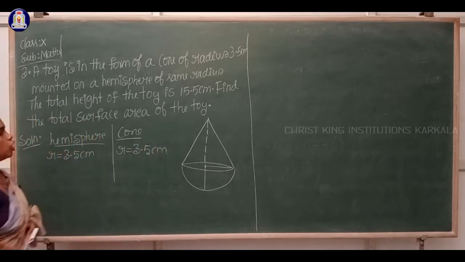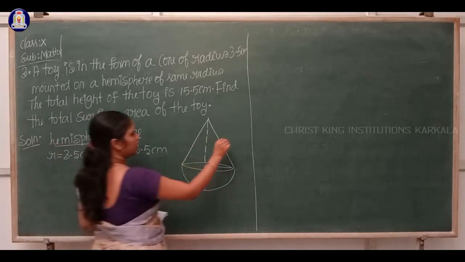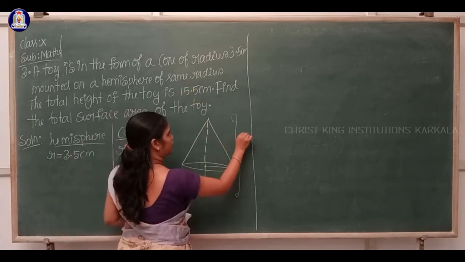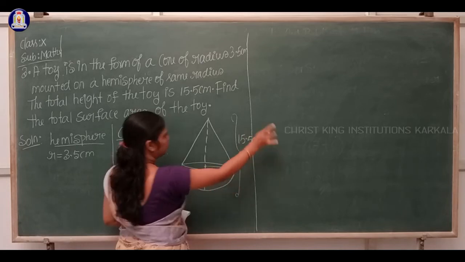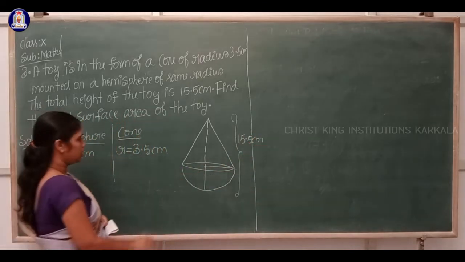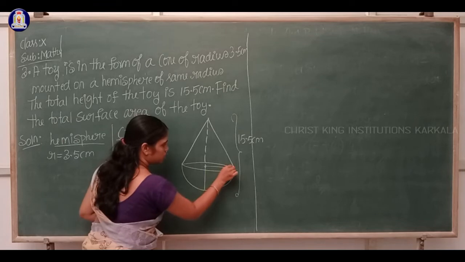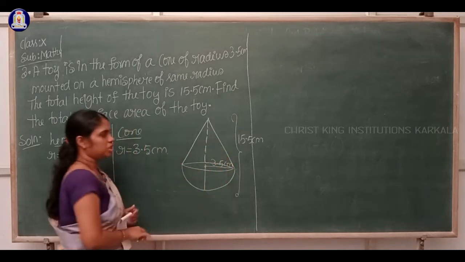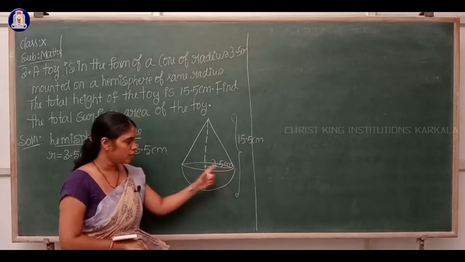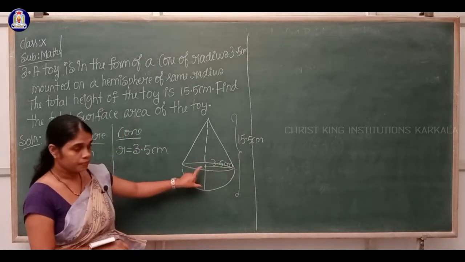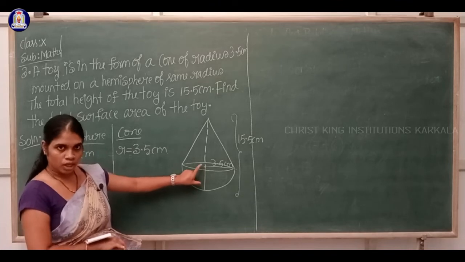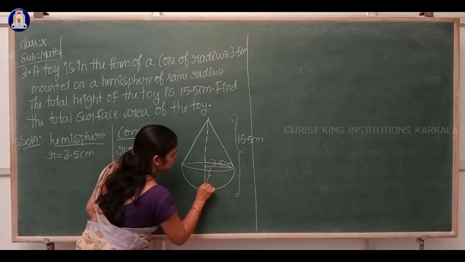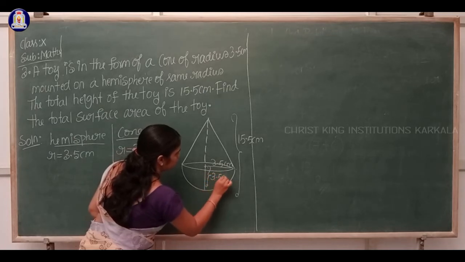Also given here is the total height. The total height is 15.5 centimeter. Once again, the radius is 3.5 centimeter, so this is also the height of the hemisphere, since it is the radius of the hemisphere, 3.5 centimeter.